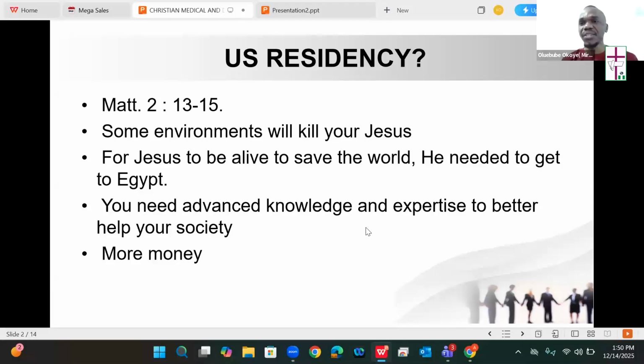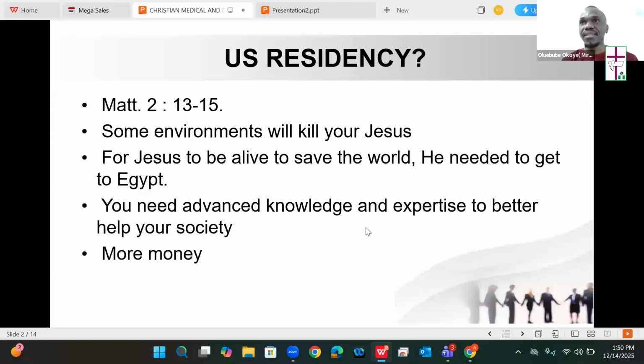The preservation may not be about physical killing or end of life, but about destiny. It's about the plan that God has for you. There are certain experiences, knowledge, expertise and skills that you may not be able to achieve if you don't come to an environment that gives you the opportunity to have hands-on expertise and knowledge about that particular area.